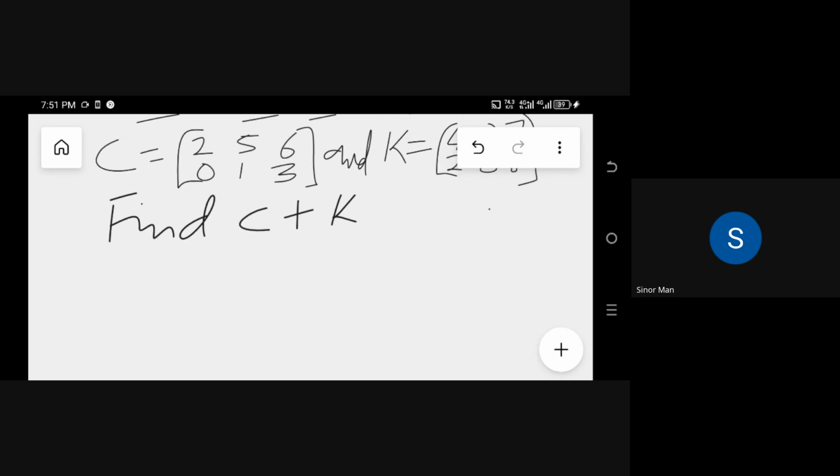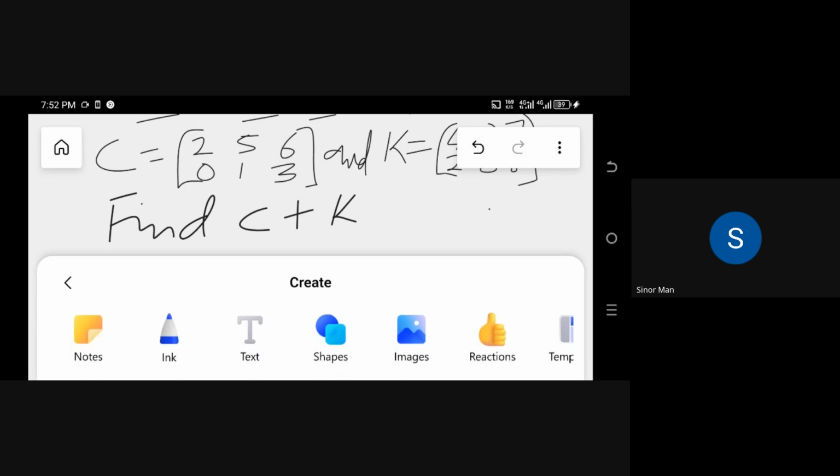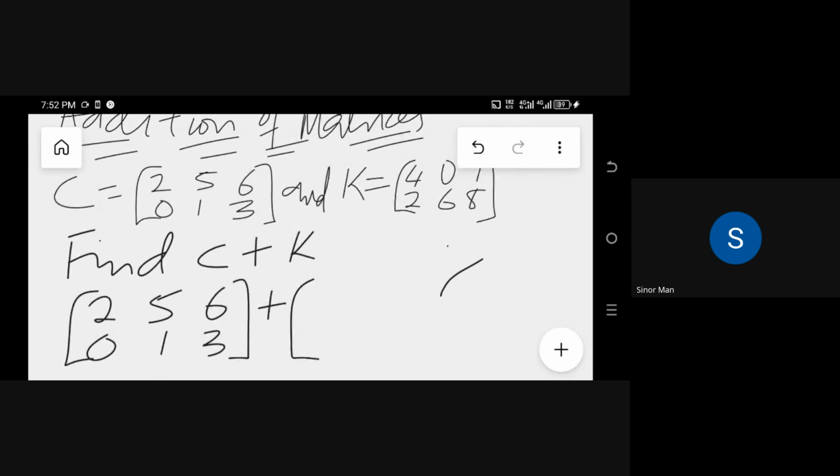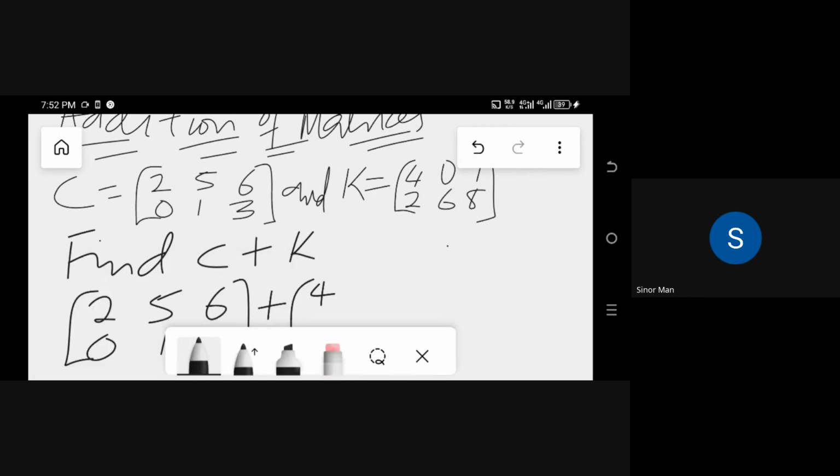So here we will start by arranging the matrices and try to add them together. So say 2, 5, 6, 0, 1, 3, then plus, for the other matrix you have 4, 0, 7, 2, 6, 8.